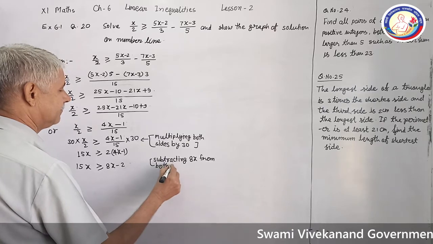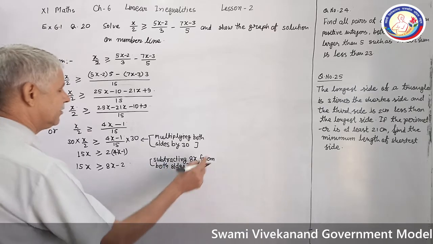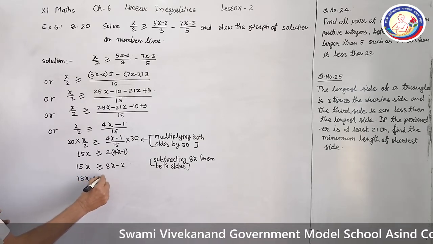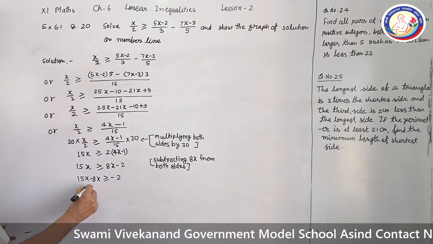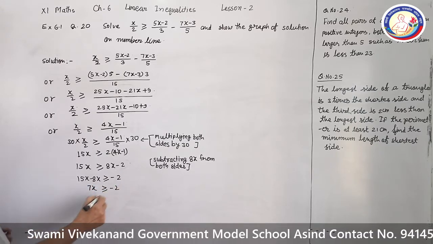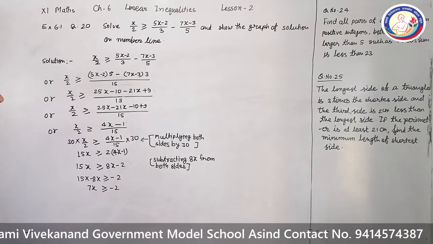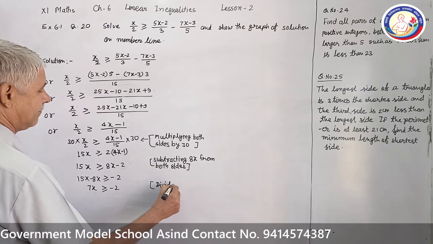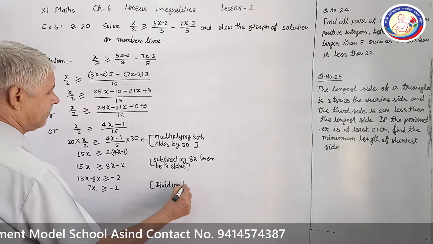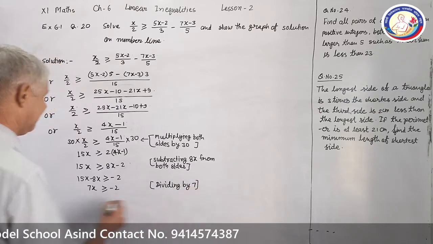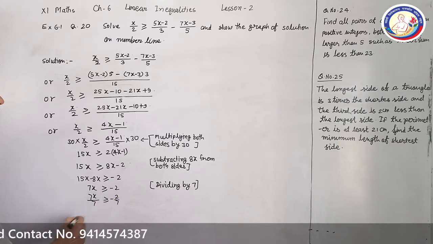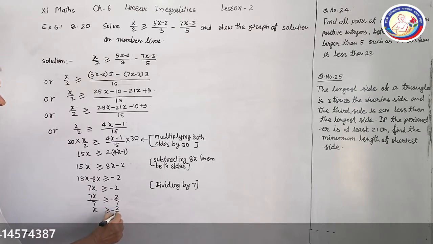This is the operation. So what will we get? 15x minus 8x is greater than or equal to minus 2. It is 7x is greater than or equal to minus 2. Again dividing by 7, 7x upon 7 is greater than or equal to minus 2 by 7. Or the result is x is greater than or equal to minus 2 by 7.